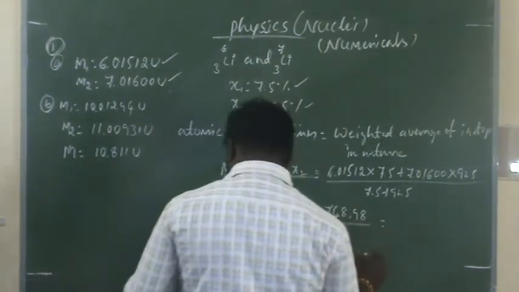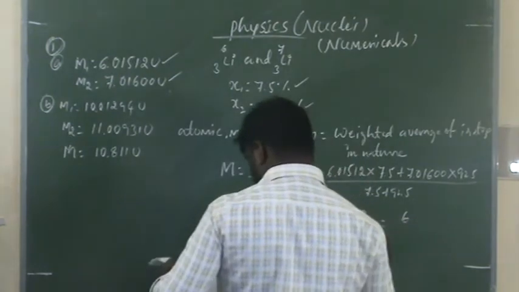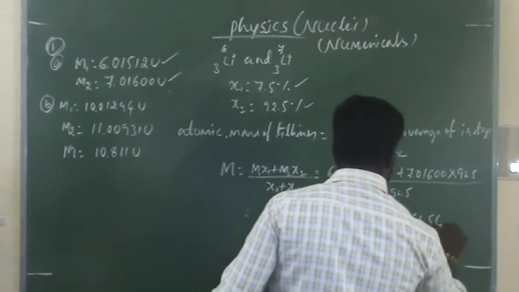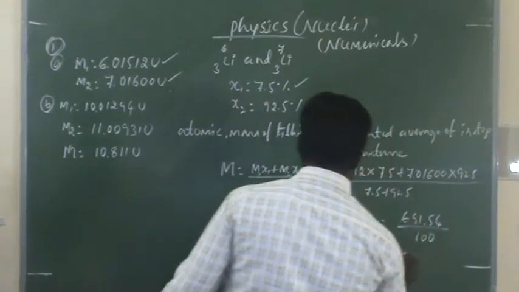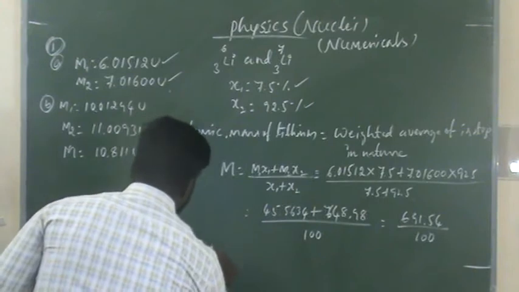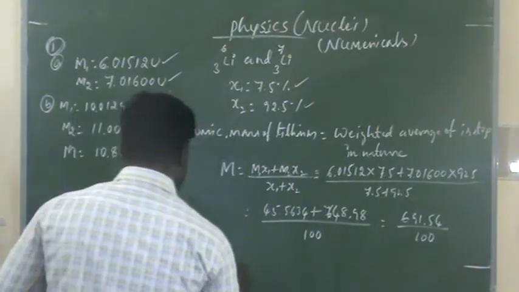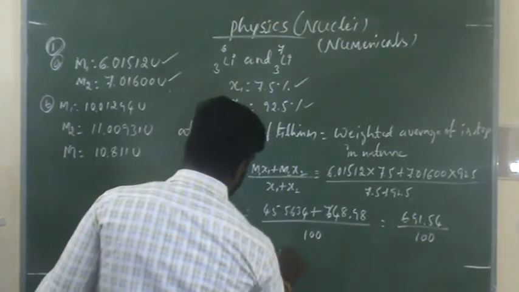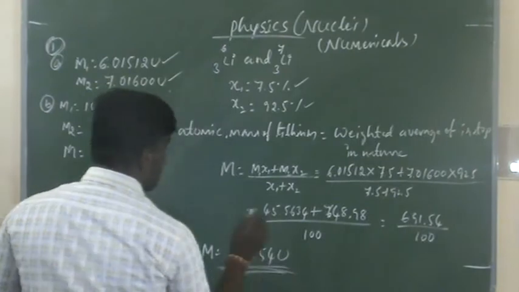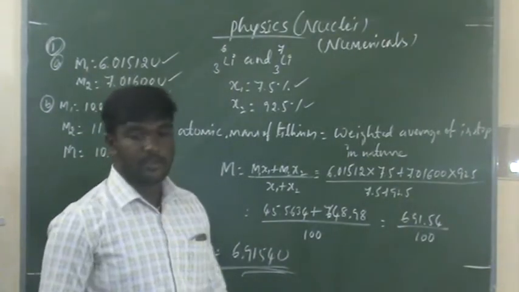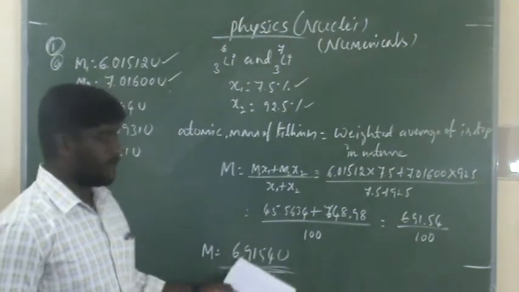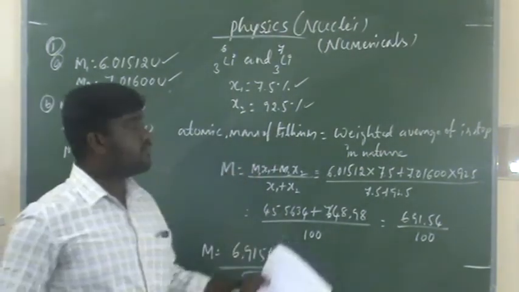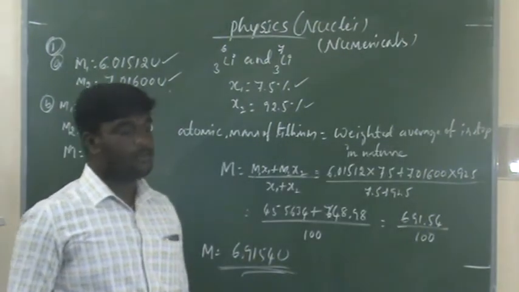Finally, that is 691.54 divided by 100. So the atomic mass of lithium is finally 6.9154 units. The atomic mass of lithium equals the weighted average of the isotopes in nature.